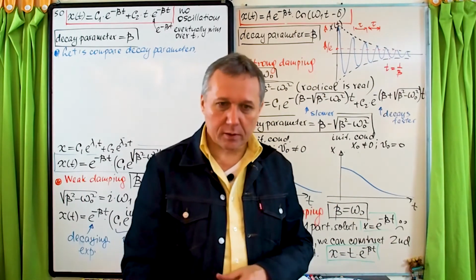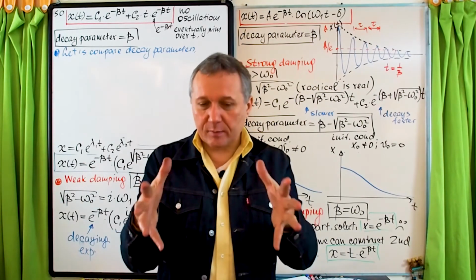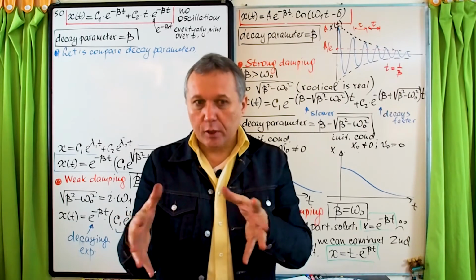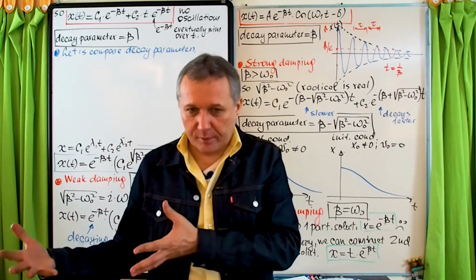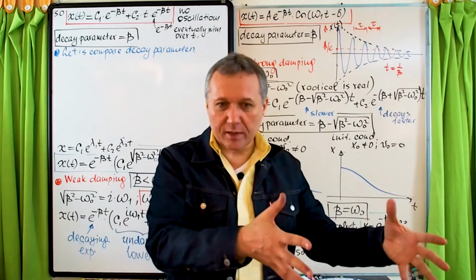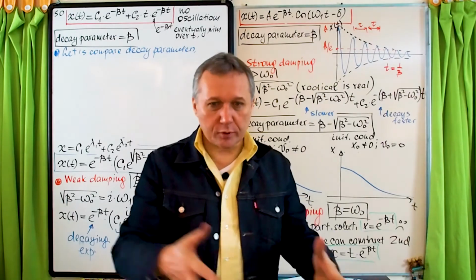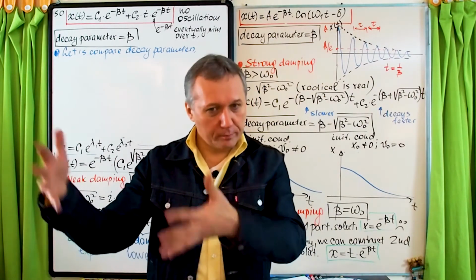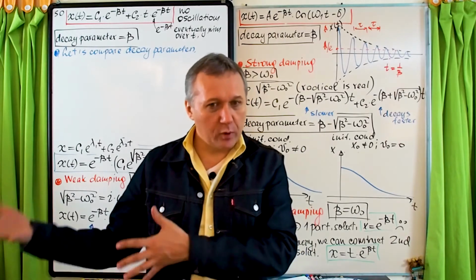So omega naught is there. And then we can expose that mechanical, oscillating system to a different medium. First it can be in the air, so the small weak damping case. Then we can put it in water, so beta will be larger. It may still be weak damping or maybe over damping, who knows?